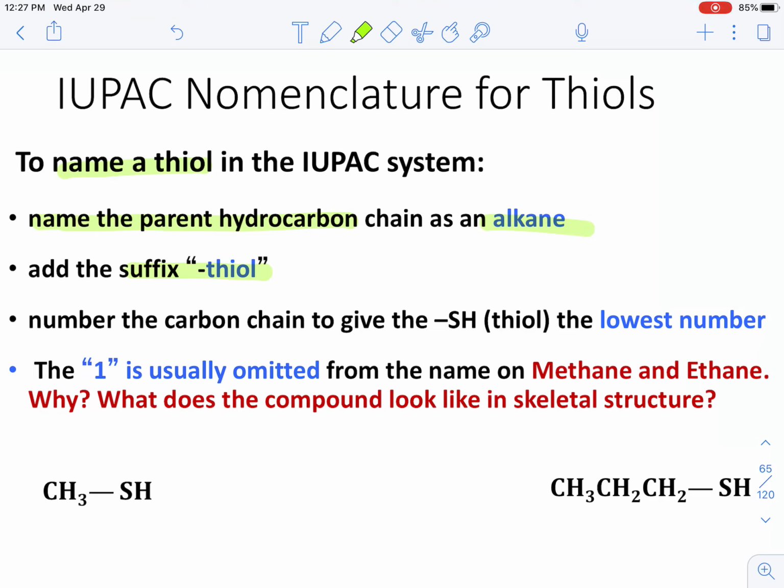Is it going to be carbon number 1, carbon number 2, carbon number 3? The list continues. And so, since thiol is our functional group for this set of organic compounds, when we're numbering our carbon chain, we want to give the thiol the lowest possible value.